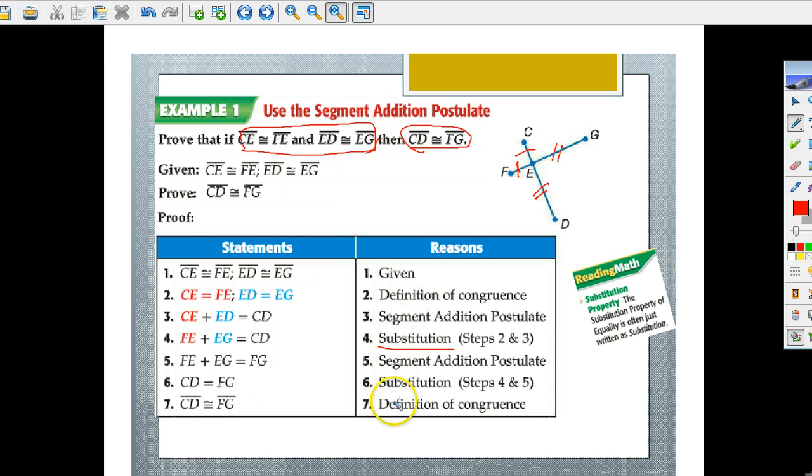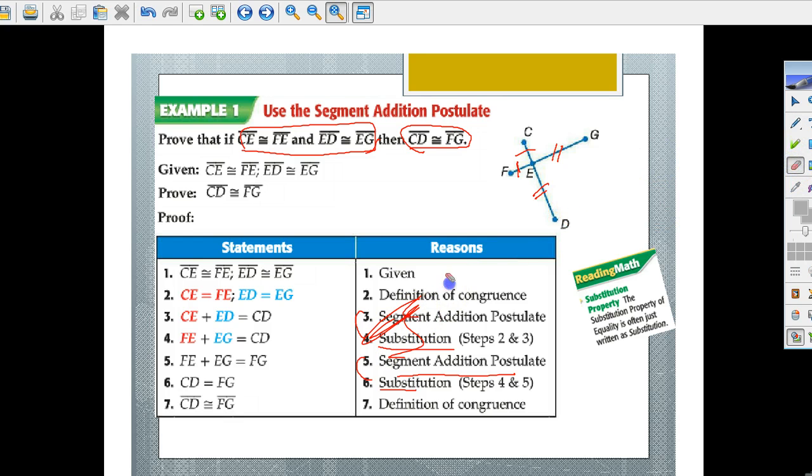Again, that's the addition postulate. And then CD equals FG. That is substitution. Wait, no, I'm sorry. I'm getting myself confused.